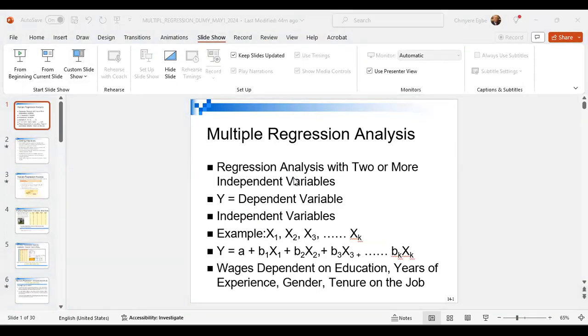Okay. So now we were talking about the relationship between a dependent variable and one independent variable. So now go to the next stage, where we are looking at multiple linear regression.